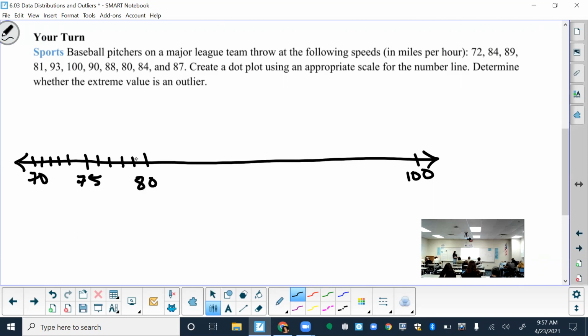All right, so make your number line right now. Mine happens to fit nicely, but yours, I'm gonna have to erase a little bit.